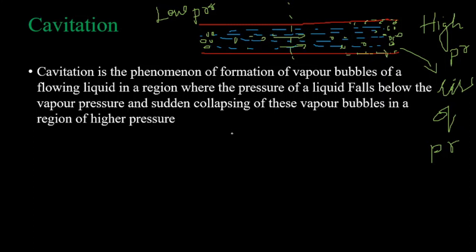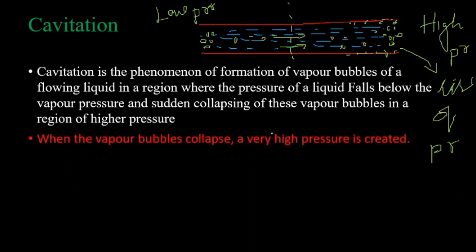So what is cavitation? Cavitation is the phenomenon of formation of vapor bubbles in a flowing liquid in a region where the pressure of the liquid falls below the vapor pressure, and the sudden collapsing of these vapor bubbles in a region of higher pressure. When the vapor bubbles collapse, a very high pressure is created.